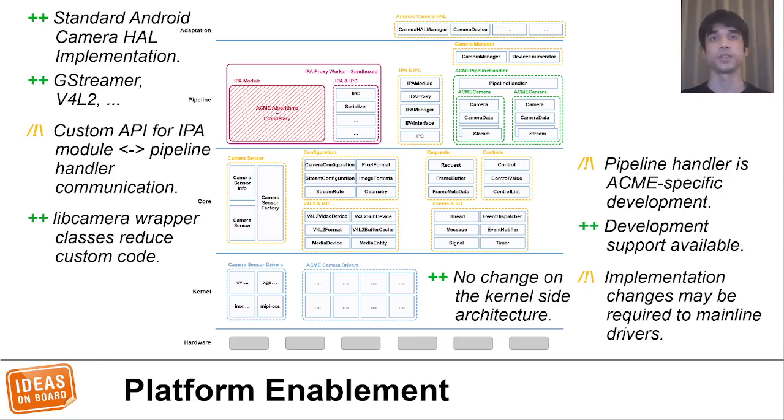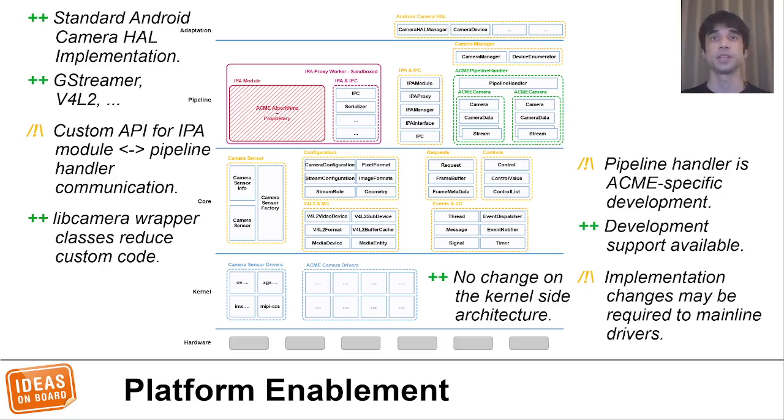The IPA interface is required to be designed such that the pipeline handler is what controls the IPA, and not the other way around. This is to prevent the secret sauce in the IPA to be required to run the camera at all. There is extensive documentation on how to develop pipeline handlers and even IPAs, and there are examples for both as well. As usual, we are available to provide support.